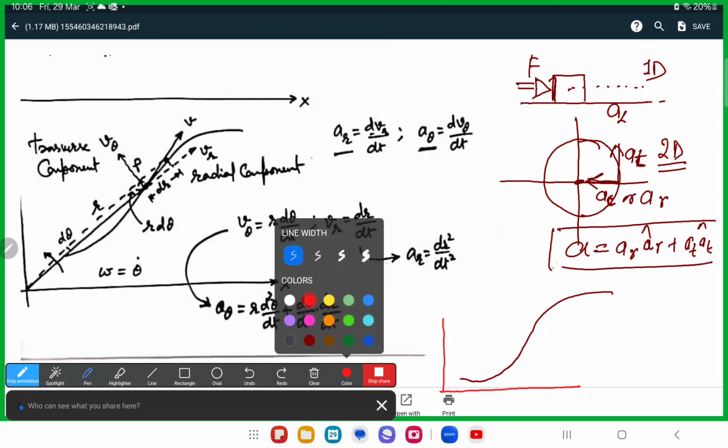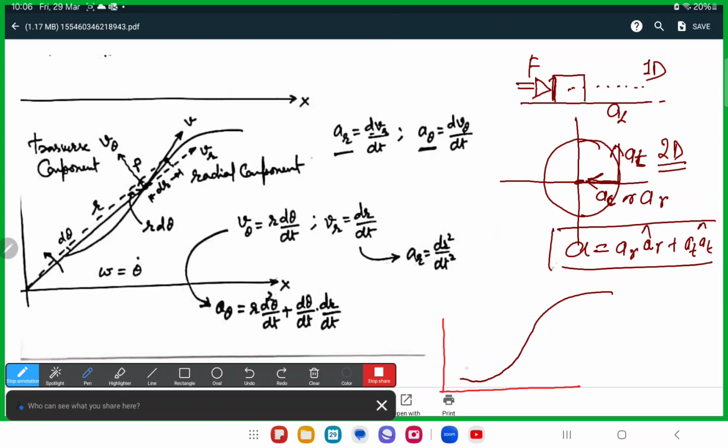If I have taken some reference point, and from that reference point I have taken this point, and this point has velocity in a tangential direction, this is the direction of velocity. Let's say this is point A and this is point B.